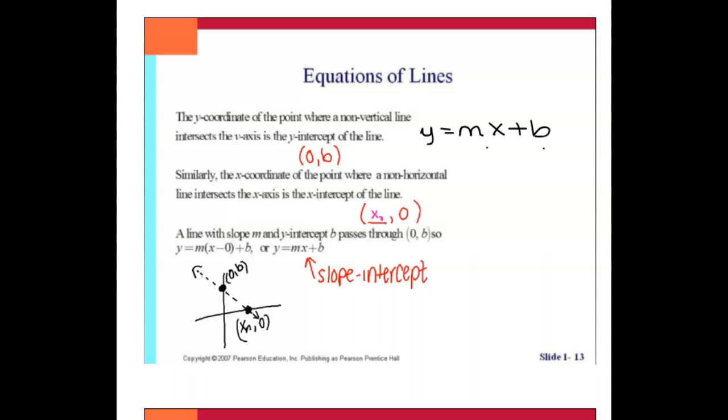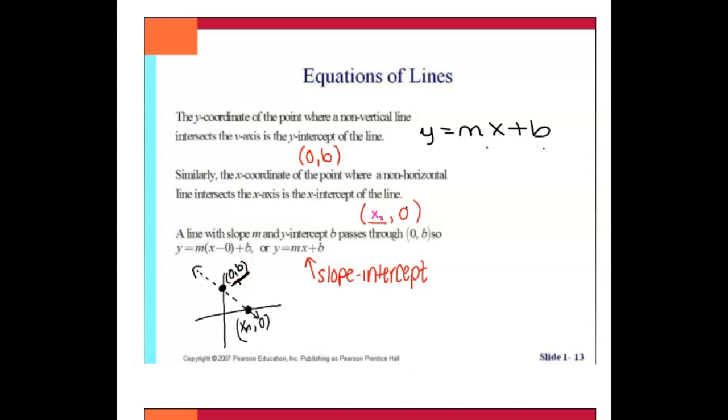The x-intercept of a line occurs when y is 0. So that x value is kind of like our x2. We don't really know what it is. It's just an x value that occurs when our y is 0. On a graph of a line, this point over here, 0, b, that's your y-intercept.